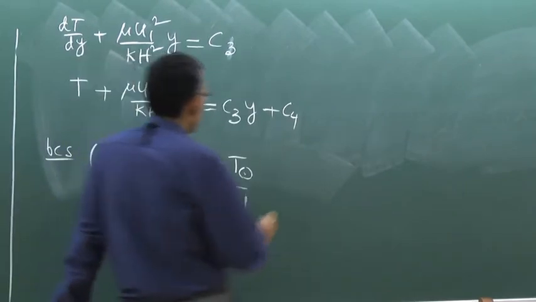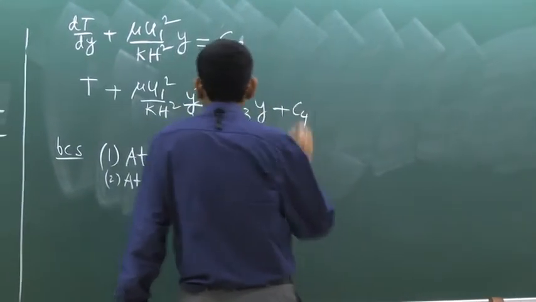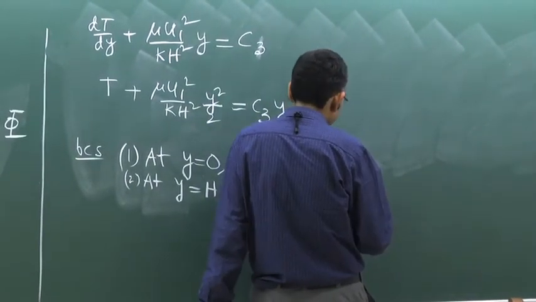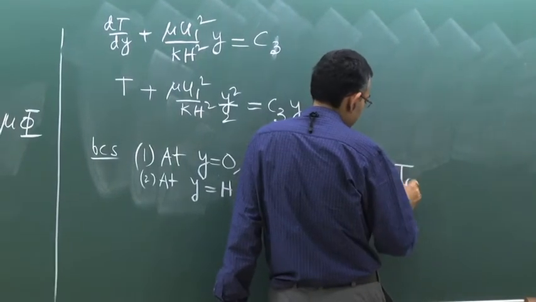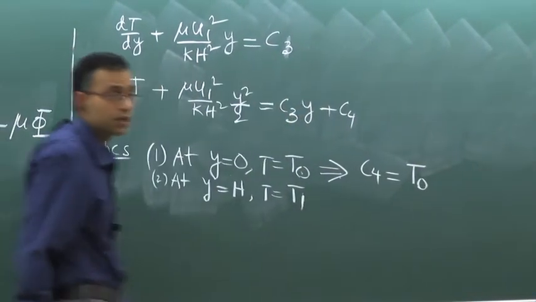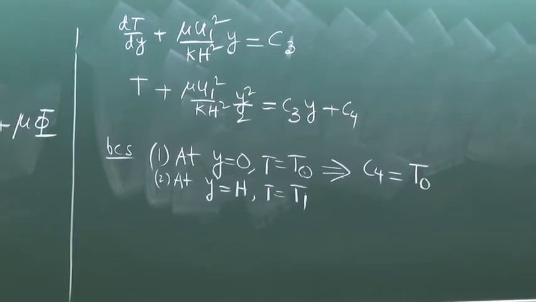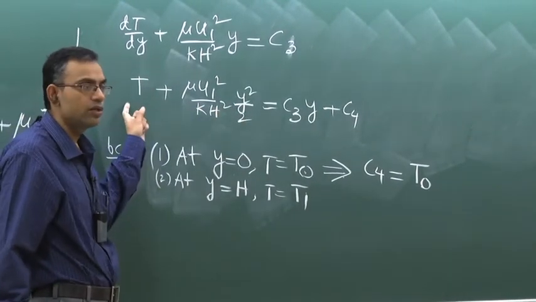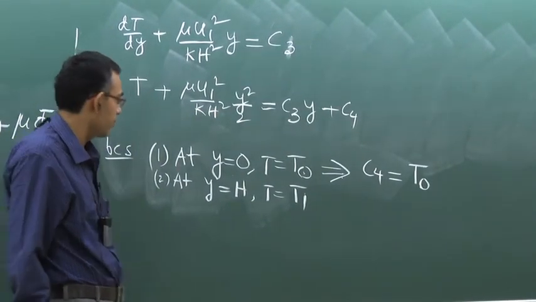So the first boundary condition tells us that C4 is equal to T0, right? At y equal to 0, T is equal to T0, so C4 is equal to T0.